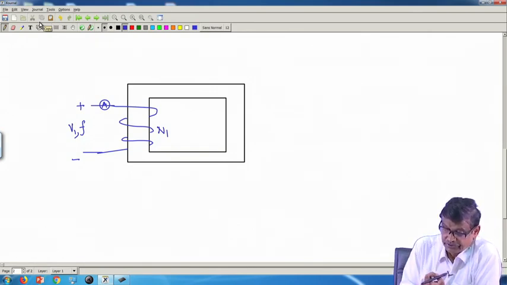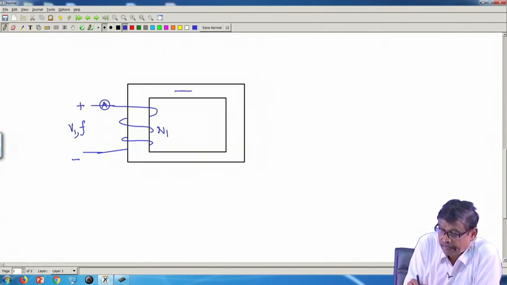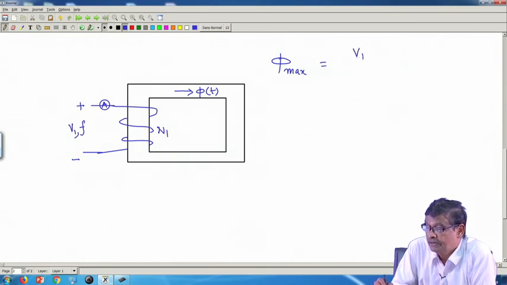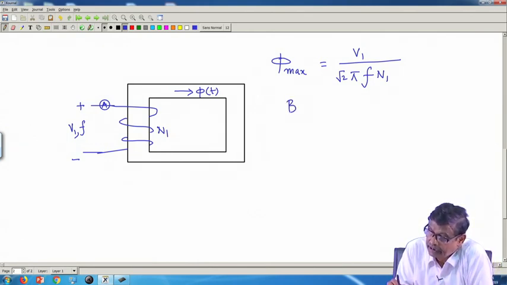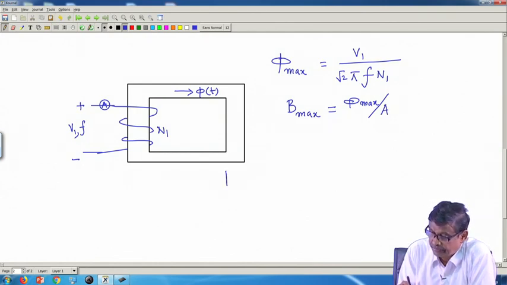The answer to that question: you have applied V1 and f, so this will be a time varying flux, and the peak value of the flux is phi max, which is equal to V1 by root 2 pi f into N1. This I know. Then I will calculate B max, which is equal to phi max by the cross sectional area of the core.